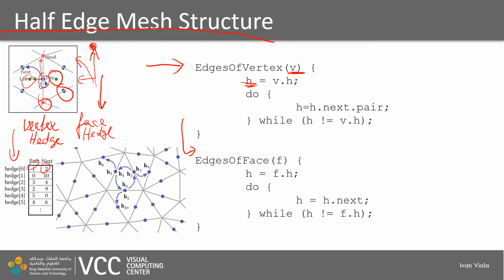Well, for the vertices, we do not know how many edges there are, but we will find it out through a loop until we find again the half edge which is stored in the vertex. Here you have a slight difference in this code. In the book, the next and pair are switched, which would not lead to a correct algorithm.